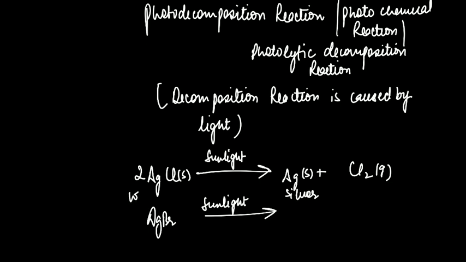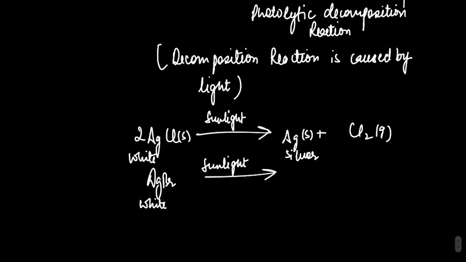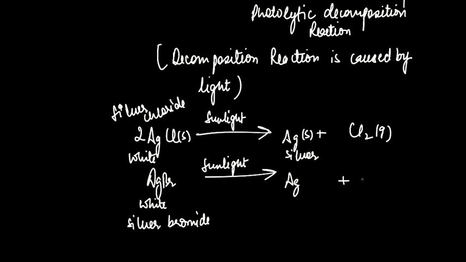And both these salts are very much white in color, and these can be used in black and white photography. So this is silver bromide, and this is silver chloride. Both are insoluble in water. So this will again give us silver and bromine.